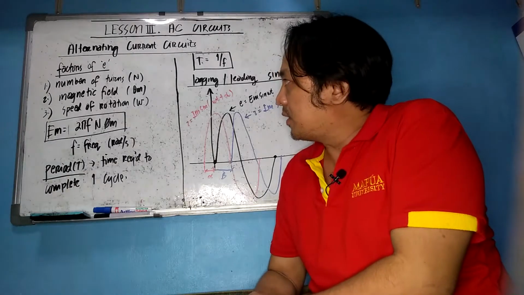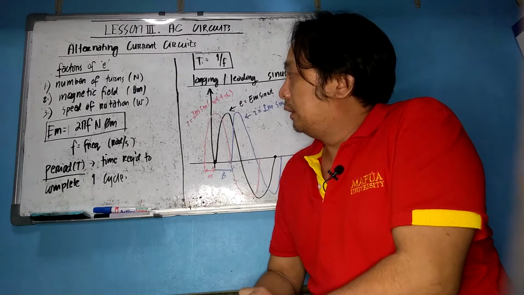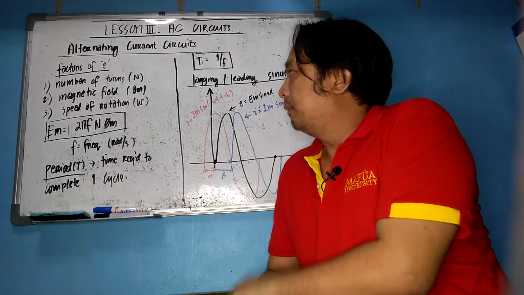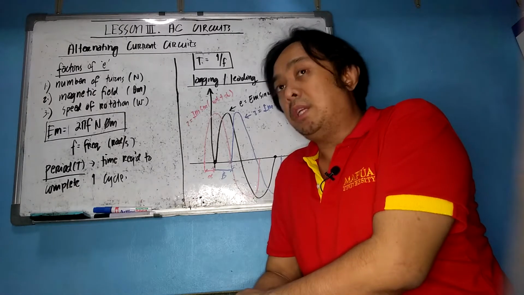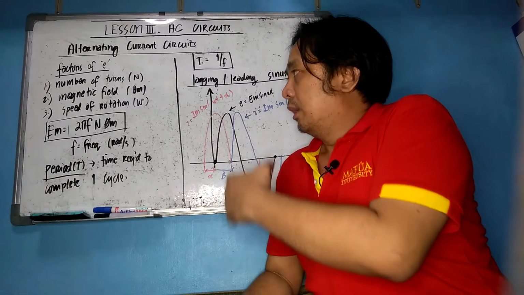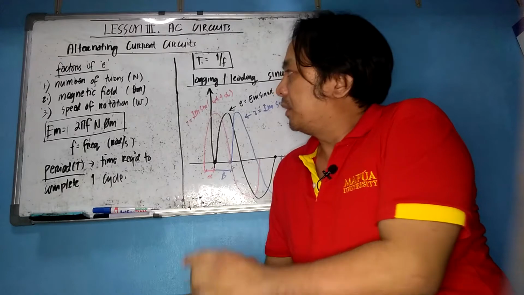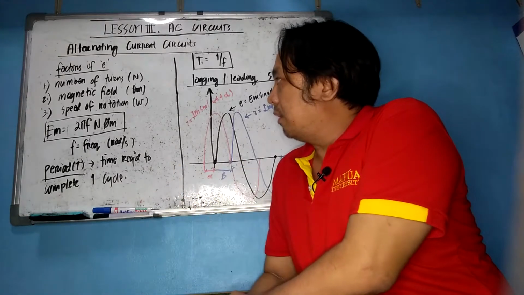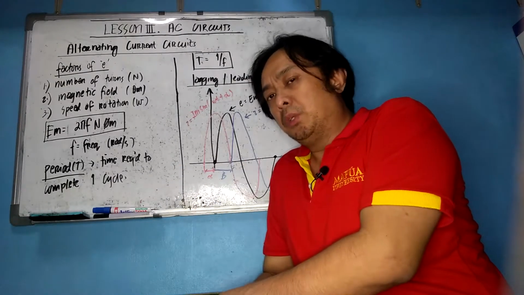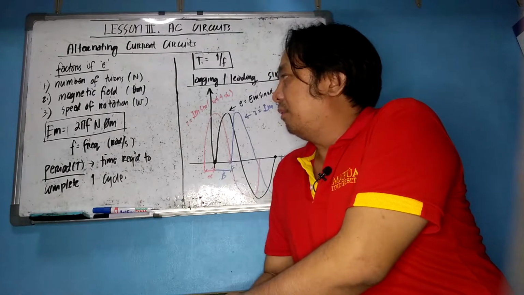Now we have here some factors on how we arrive at an instantaneous e, and the factors based from the machine are the number of turns, the magnetic field or magnetic flux, and the speed of rotation, which is the omega or the angular velocity.